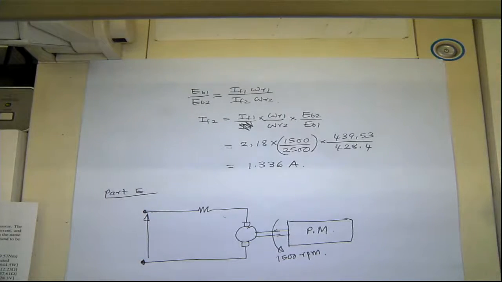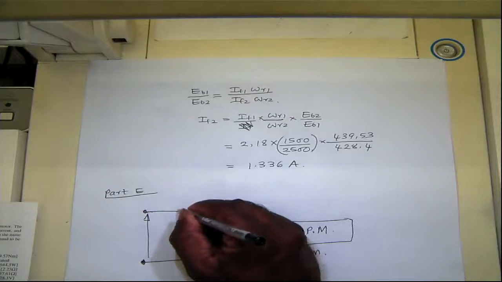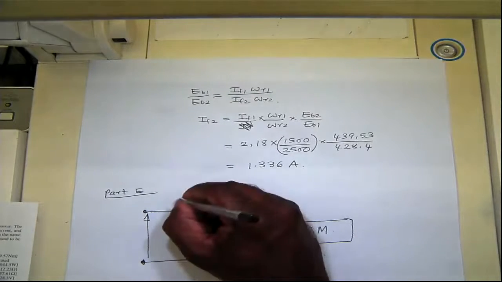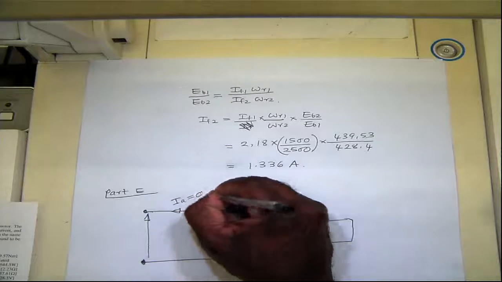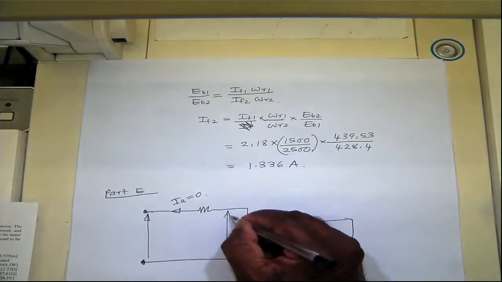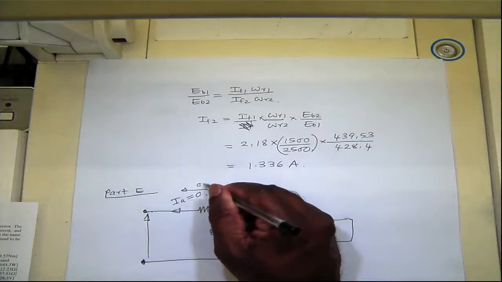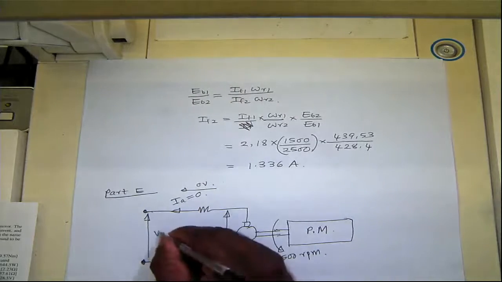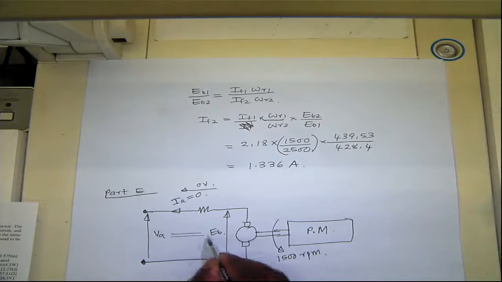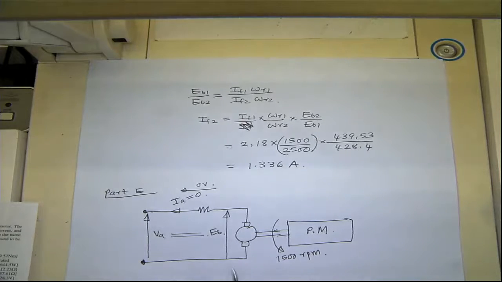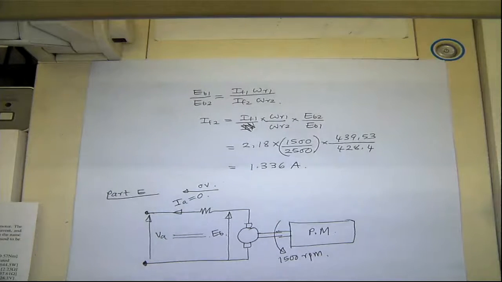So if the armature terminal is open circuited, that means the current out of the generator, IA, is 0. So the voltage drop here is 0 because there's no current. So the terminal voltage will equal the back EMF since there's no voltage drop in this case. So this EB is proportional to field current times speed.